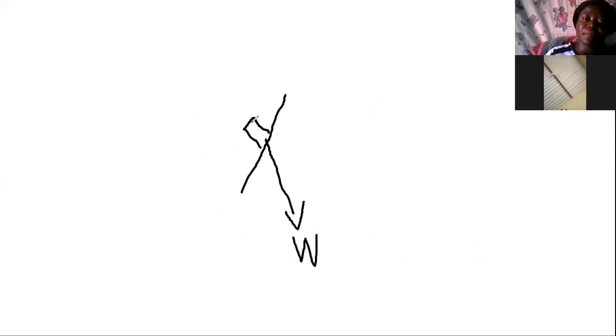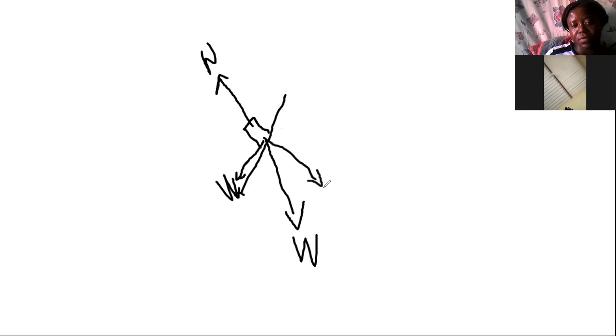Then the perpendicular to the surface is in that direction. So you can see that the weight is acting in that direction. So this is the weight on the x, and we have a weight component which is perpendicular to that surface.